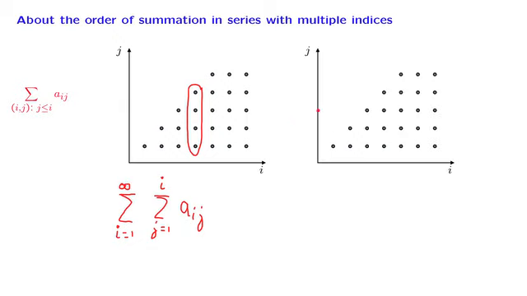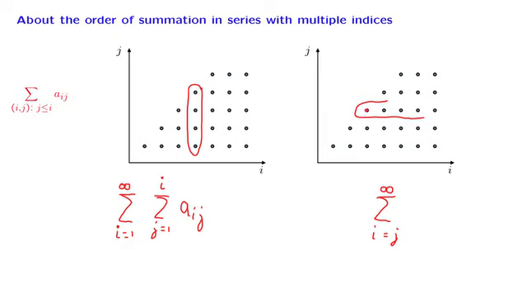Alternatively, we could fix a value of j and consider doing the summation over all choices of i. So this corresponds to the sum over all choices of i from where? The smallest term, the first term, happens when i is equal to the value of j. And then we have larger choices of i, numbers for which i is bigger than the corresponding value of j.